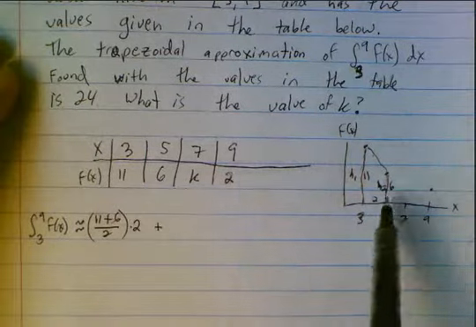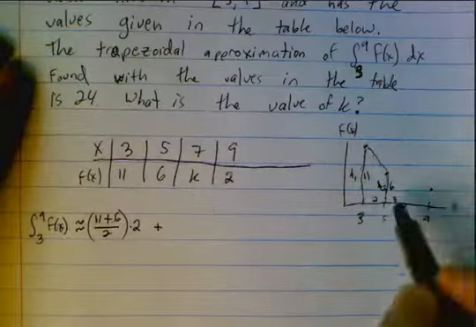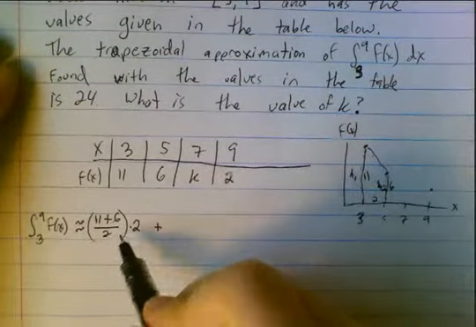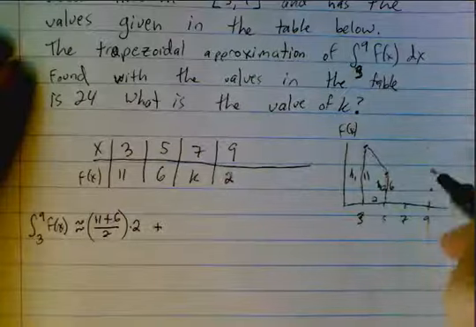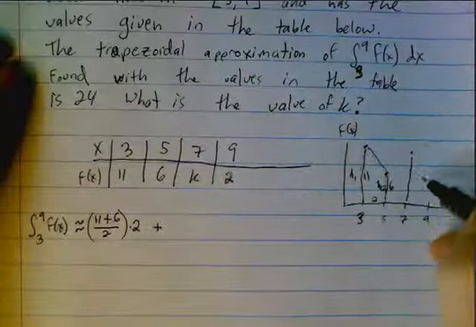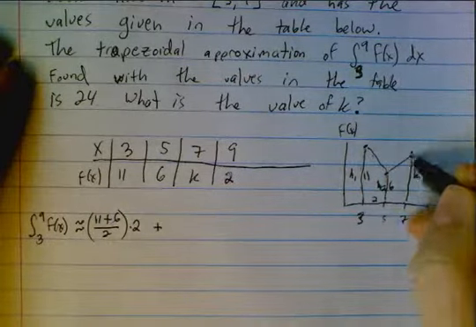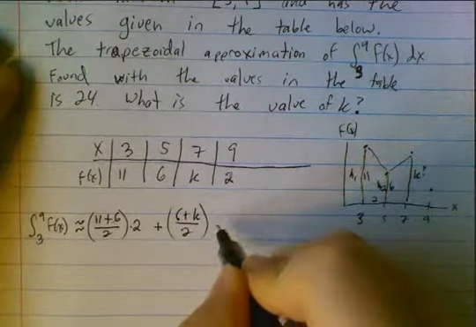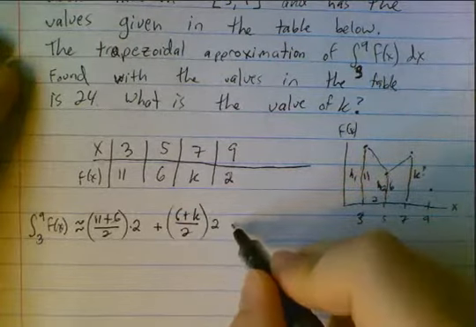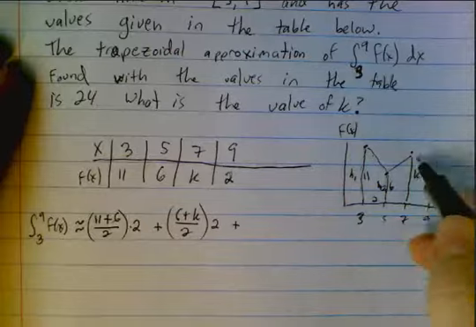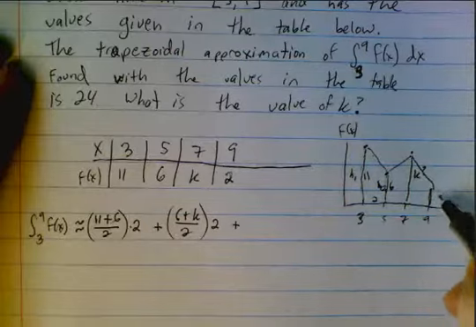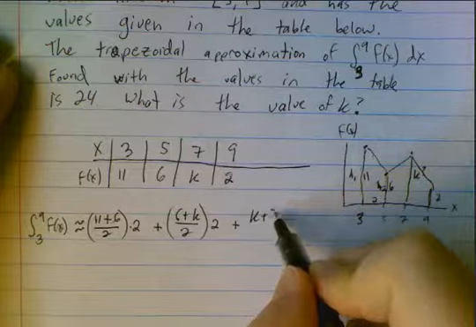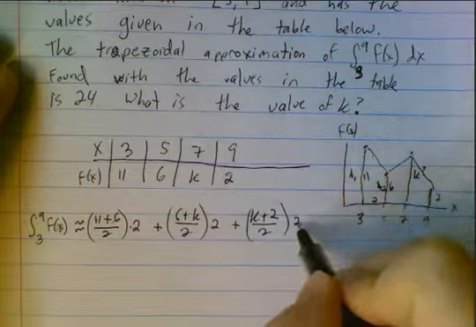Each of these is the height of one of the parts of the trapezoid. So we're at 11 plus 6 divided by 2. Now I'm going to find the average of these heights. If this height is k, I don't know what it is, 6 plus k over 2 times 2 plus from k to 2 times 2.